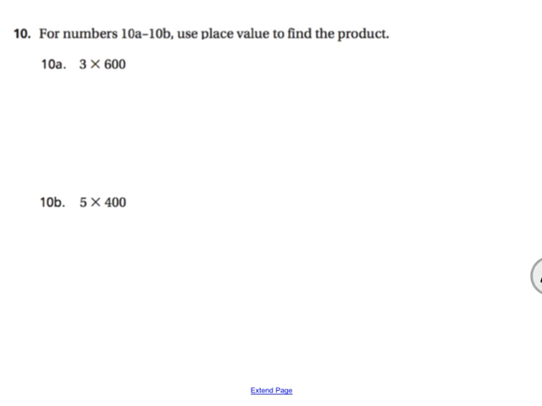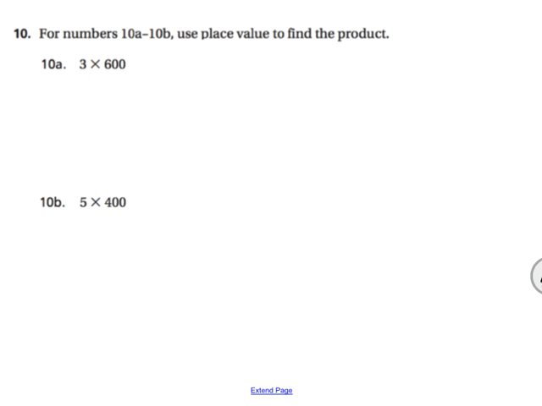Okay. Number 10. Okay. For numbers 10A to 10B, use place value to find the product. So this lesson is the basic facts and then adding the pattern of zeros, okay, which we have covered. So we're just going to solve these really quickly, okay?